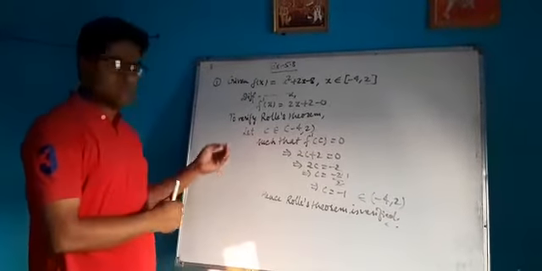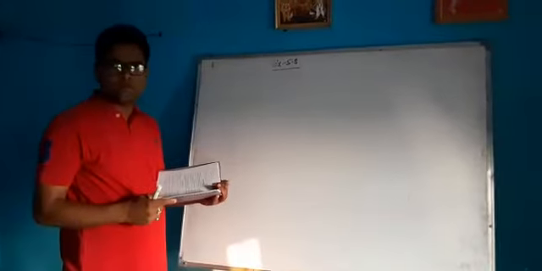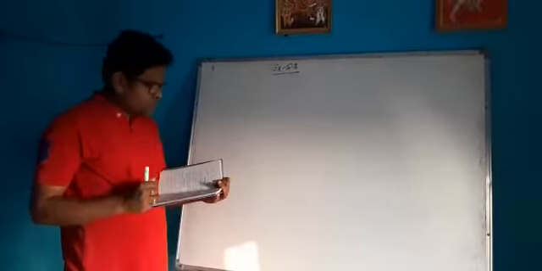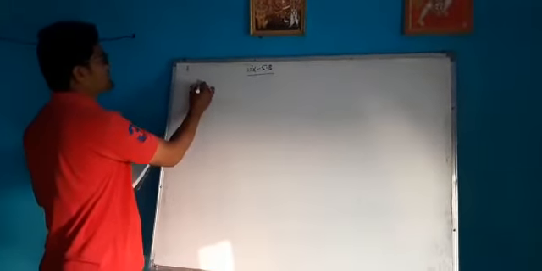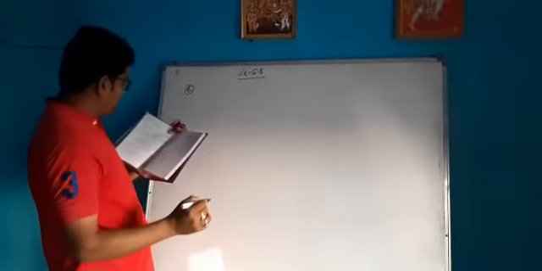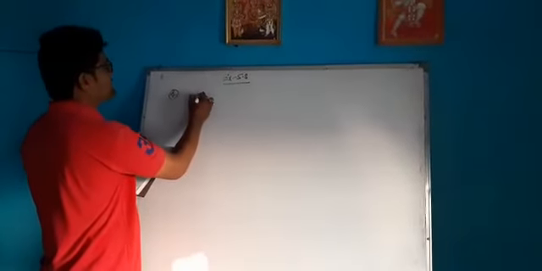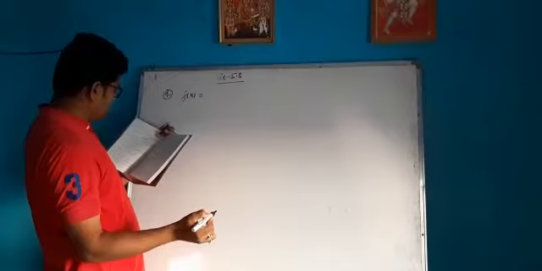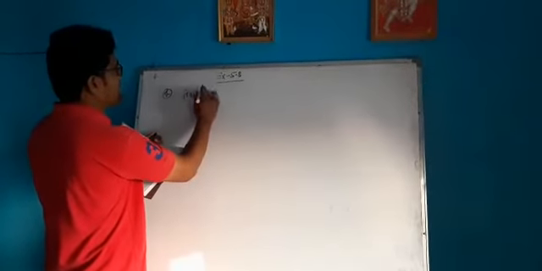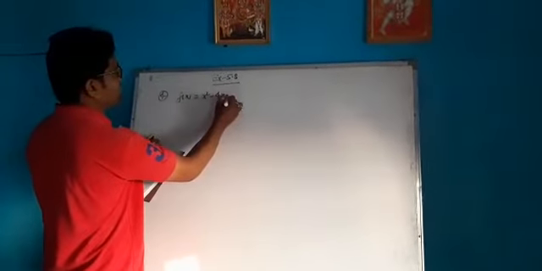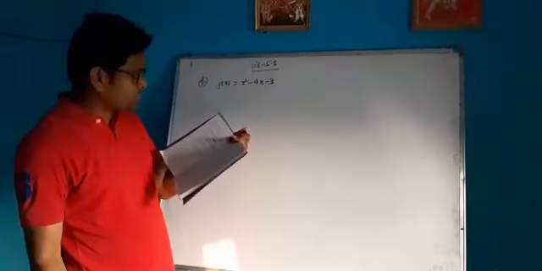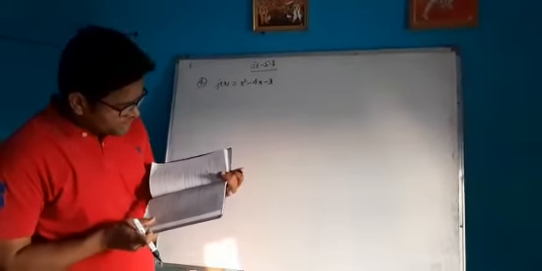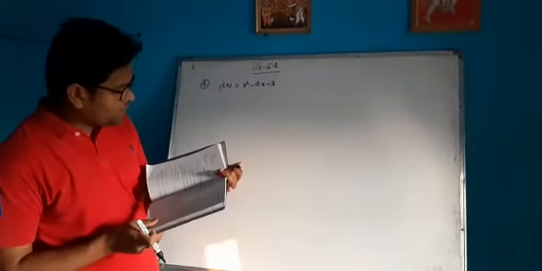And next is the mean value theorem. Now see question number 4 from the same exercise. The function is given as f of x is equal to x square minus 4x minus 3 in the interval a b where a is equal to 1, b is equal to 4.